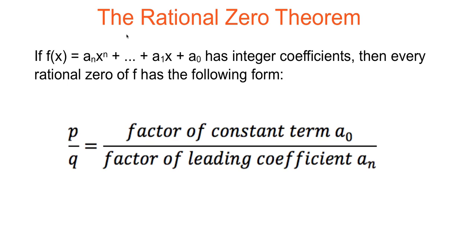Rational zero theorem, right? So basically, if I have some polynomial, and remember this is the general form for any polynomial, you don't need to be concerned about what all those different letters and numbers mean.